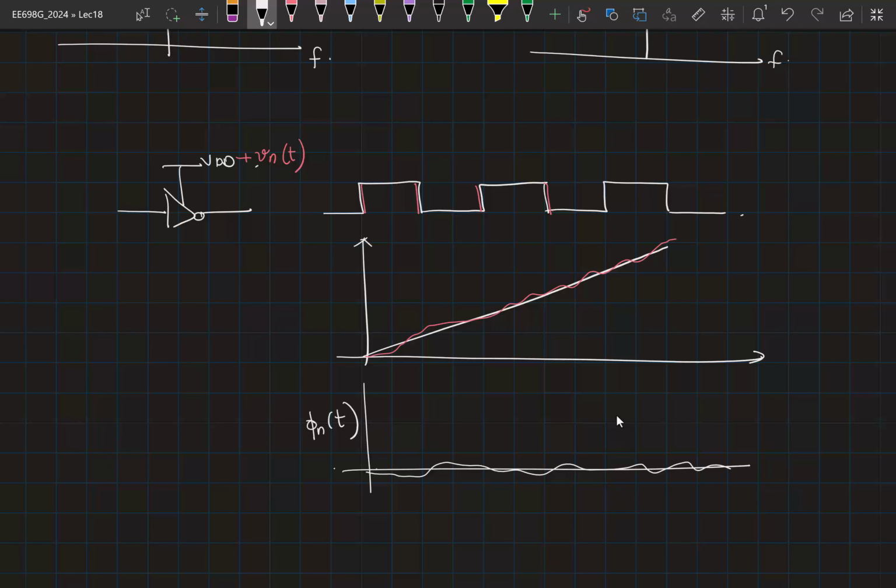And I am looking at what is the PSD of this phi n of t. This is not the overall S phi of f. This is only the small signal phase. And here that small signal phase is a phase noise. Is that clear?